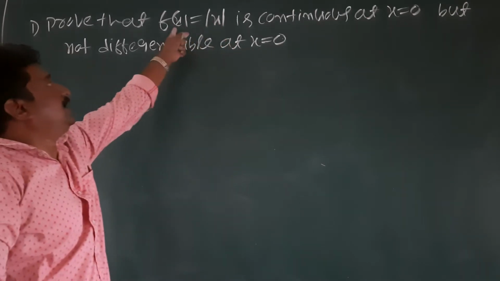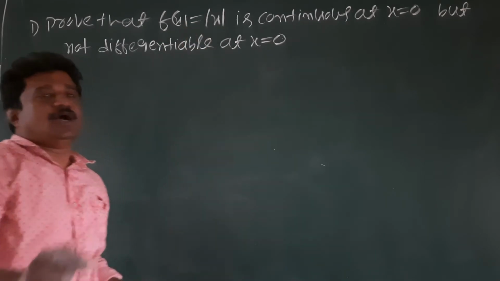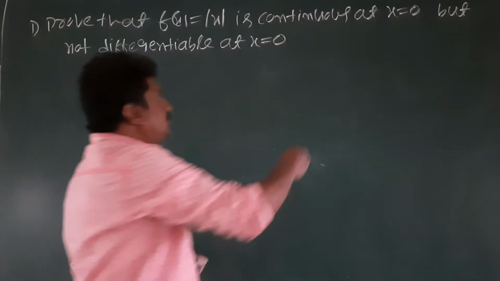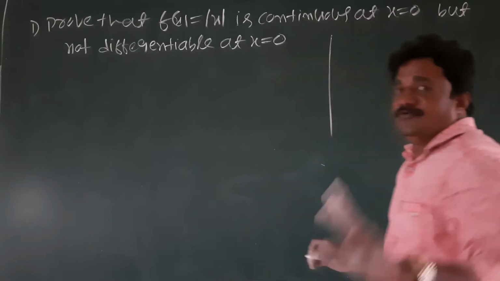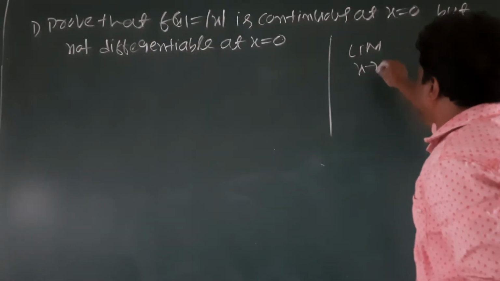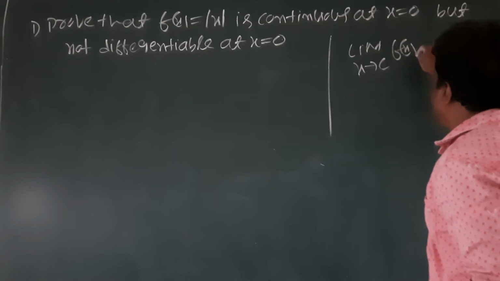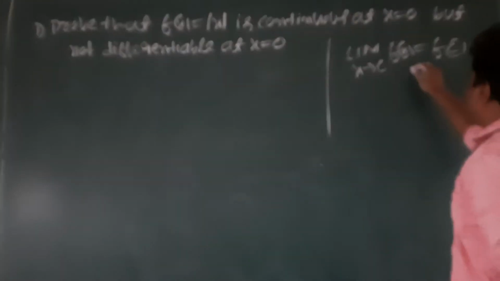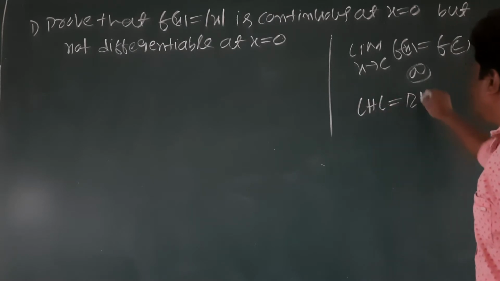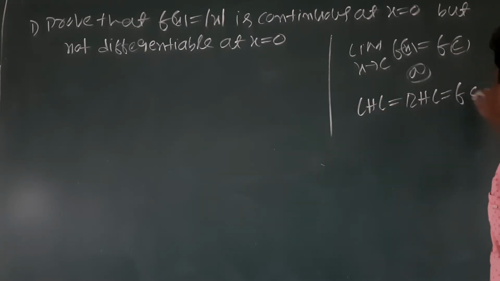I already explained in the continuity chapter that the modulus function is continuous everywhere. Let us repeat the same thing. To check continuity, we have two conditions. One is limit x tends to c of f(x) equals f(c), or the other is LHL equals RHL equals f(c).